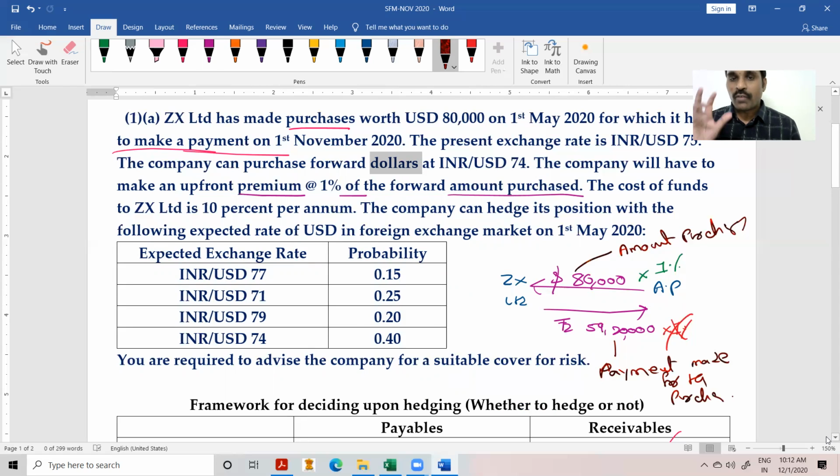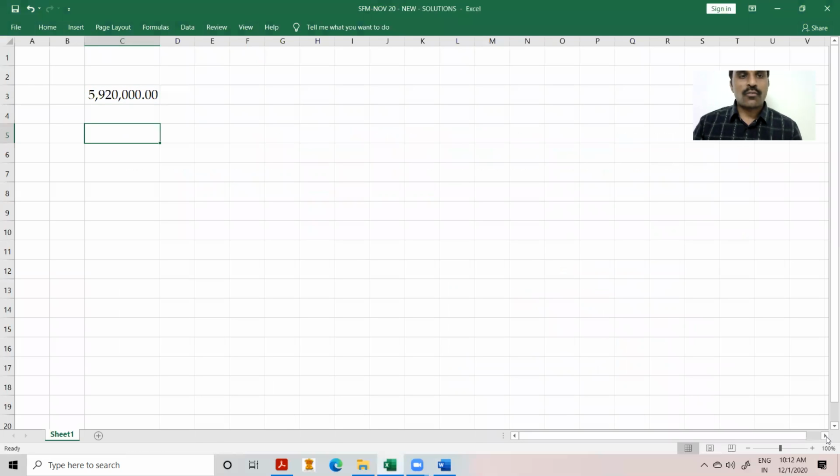So it is 1% of the amount purchased. So this is the first point, the cost of the forward premium. These are the two mistakes people make. So the correct answer is 80,000 into 1%, which will be $800.